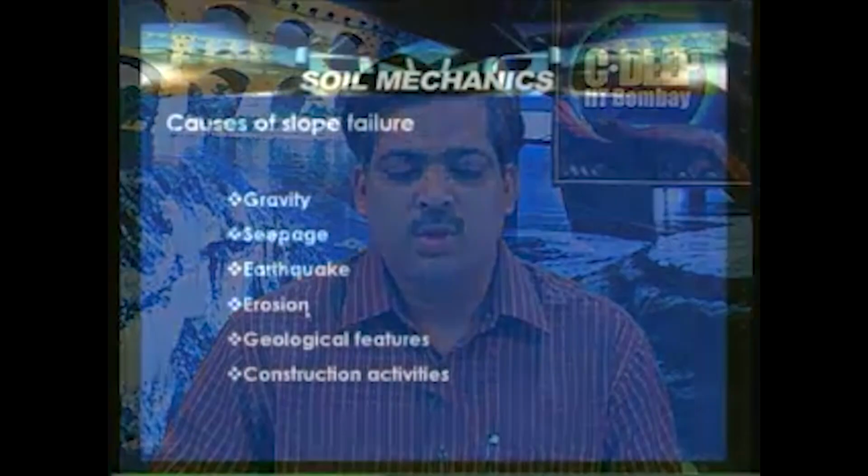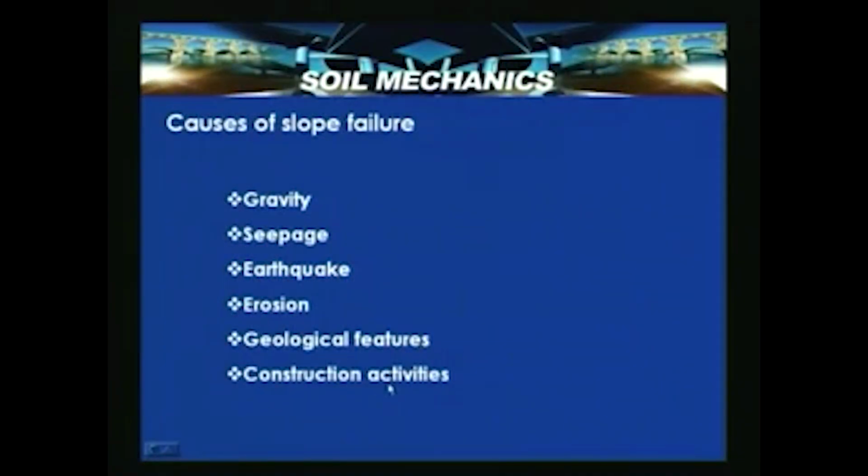So, what are the causes of slope failure? Many causes are there. The first is gravity, that means the soil tries to move from higher elevation to lower elevation, so readjustments take place from higher to lower elevation. Seepage is another: when water flows through the soil, it causes seepage stresses and induces failure of slopes. Then earthquake, erosion, geological features, and construction activities like cuttings disturbing the natural slopes or fillings, that is, construction of an embankment or a bund on soft soil, can create failure.